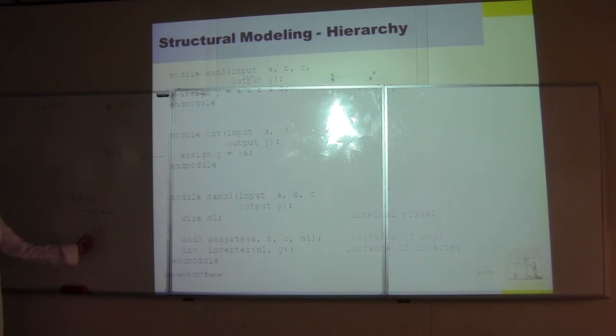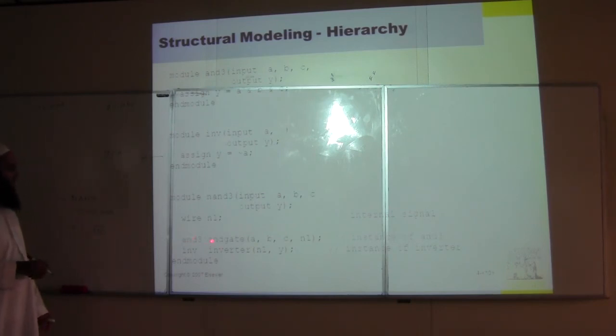So what can we do? We first have to do AND, and then have to do NOT. For doing AND we have this. For doing NOT we have this. So first we will call this one, that will give us A and B and C. Then we will call the inverter, that will do the NOT.